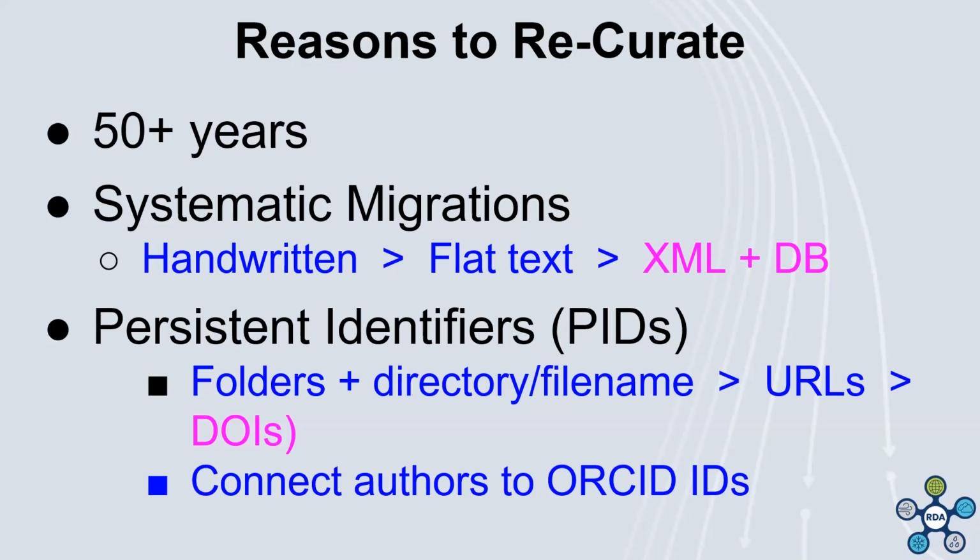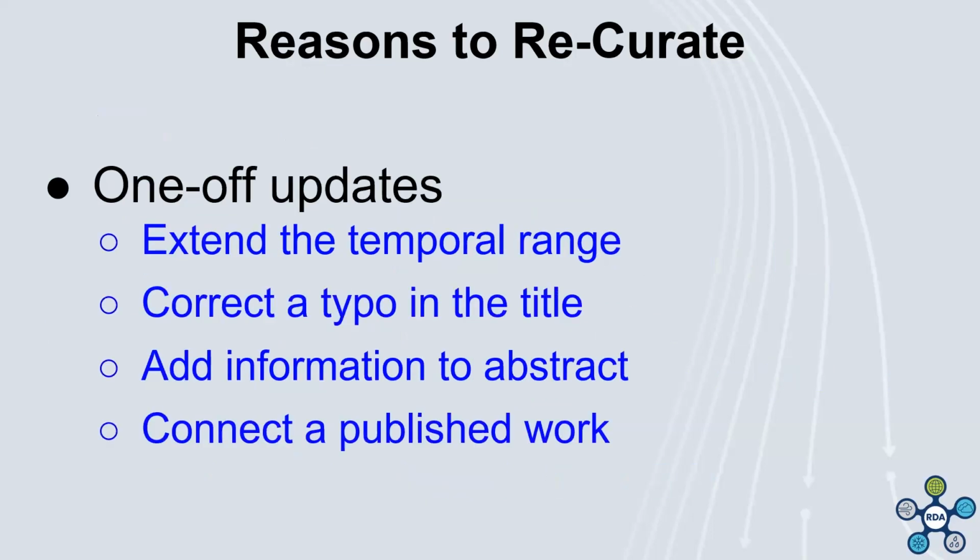And then this new effort now to connect authors to ORCID IDs. And then there's the one-off updates. You might just be extending the temporal range of a data set, or adding some new information to an abstract, or connecting a published work, or whatever.